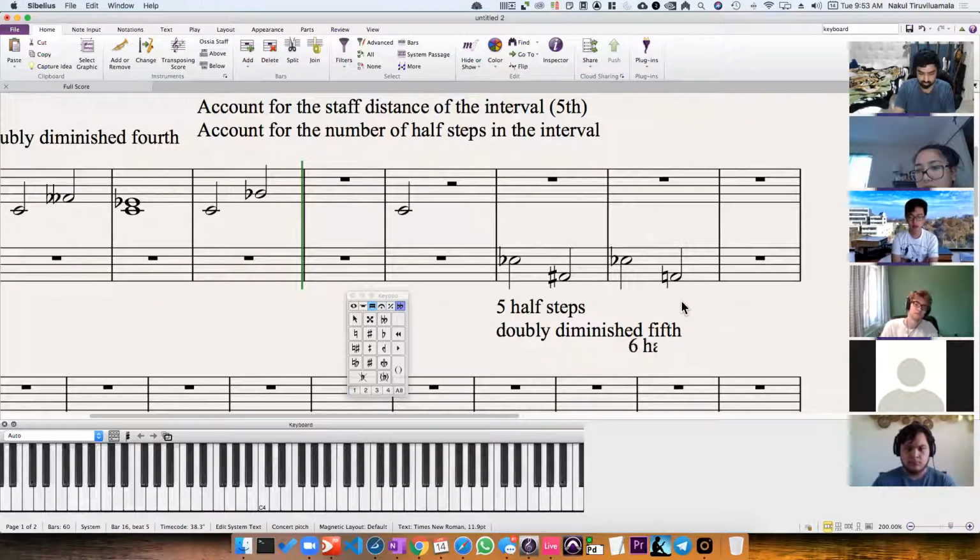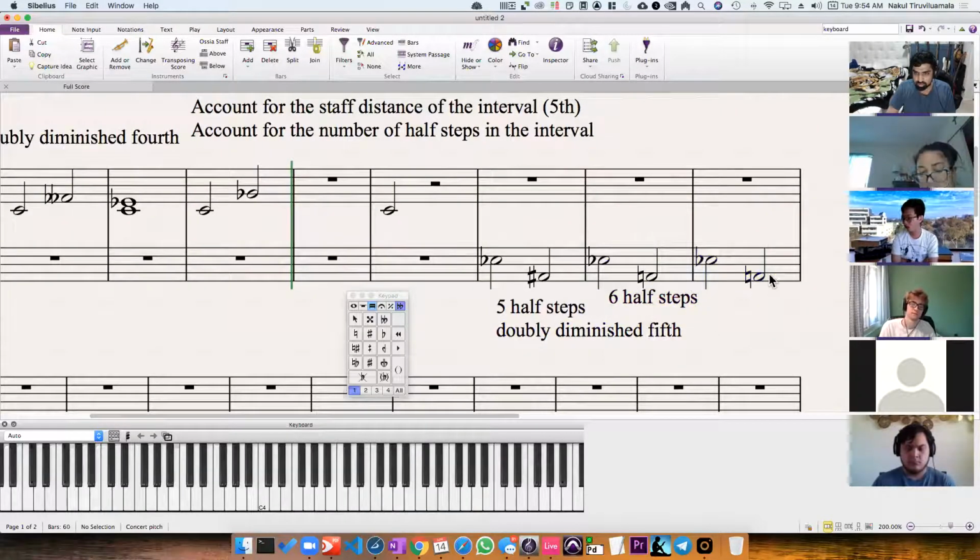This is 6 half steps. If I shrunk this interval even more, well, I can write 6 half steps is a diminished fifth, D5.